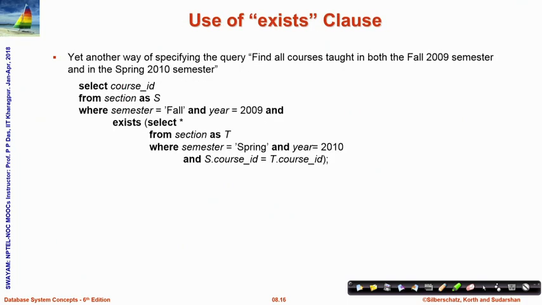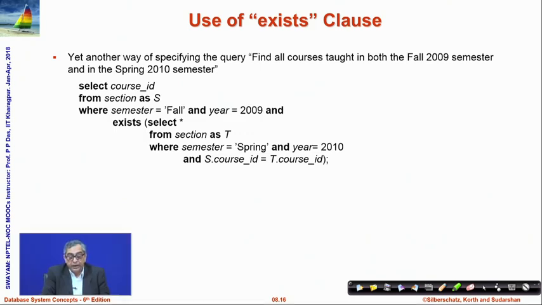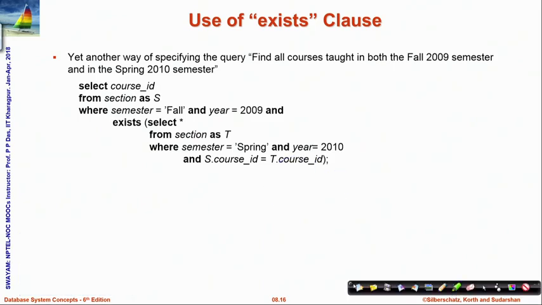So, it can be used to specify a query like find all courses taught both in fall 2009 and spring 2010. Earlier you did it by set membership. Now you are trying to do this by exists.